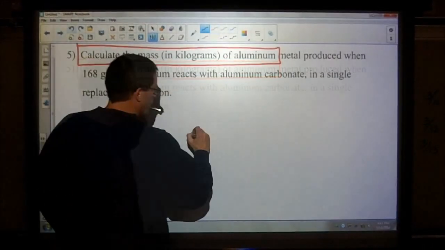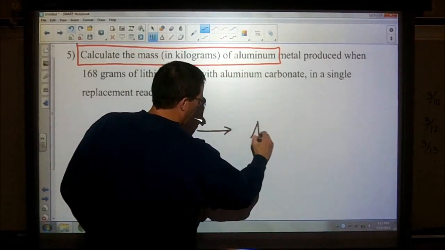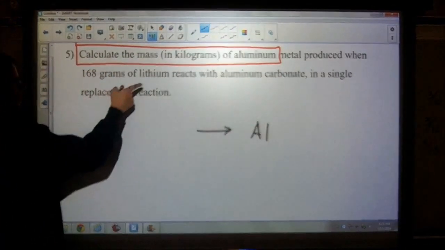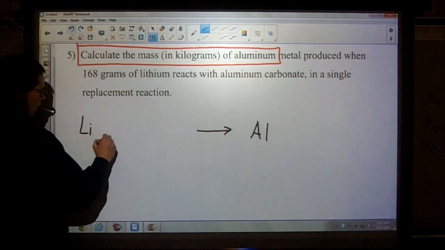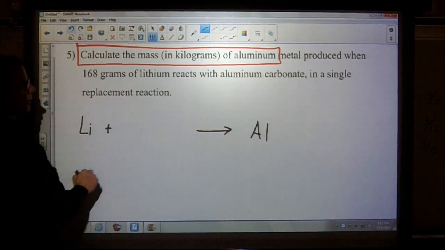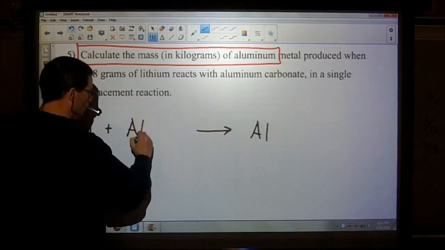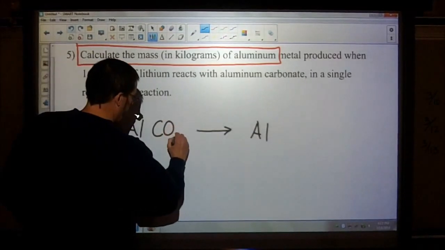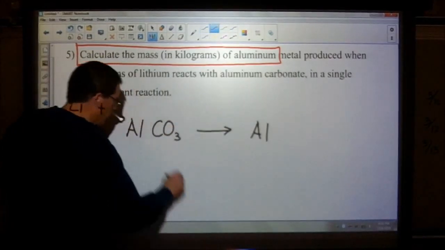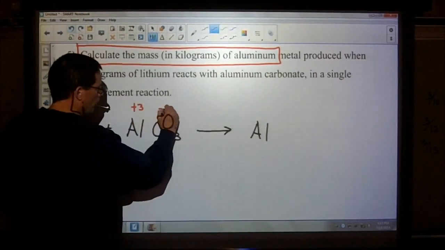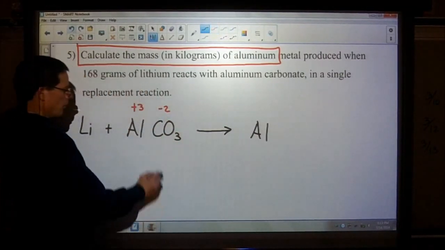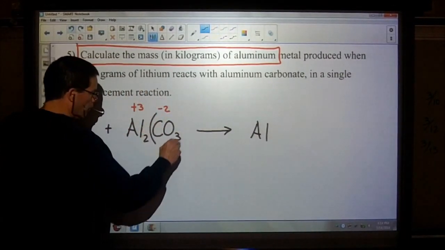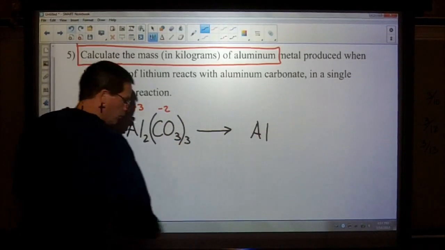So aluminum is produced and lithium reacts with, so that means plus sign, aluminum carbonate. So carbonate, CO3. Charge on aluminum is a +3. Carbonate is a -2. So that means we need 2 aluminums and 3 carbonates.